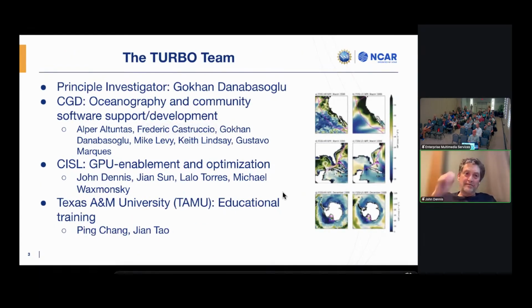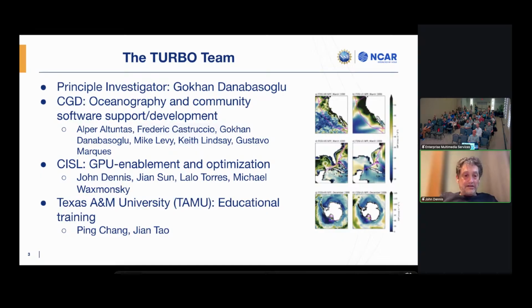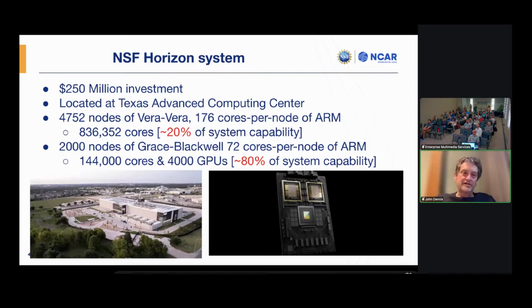So the Turbo team, led by CoCan and with contributions from the other groups. I won't read all the information here, but the TAMU group is an educational training component. One of the motivations is the NSF Horizon system, a $250 million investment that's currently being installed at TACC.